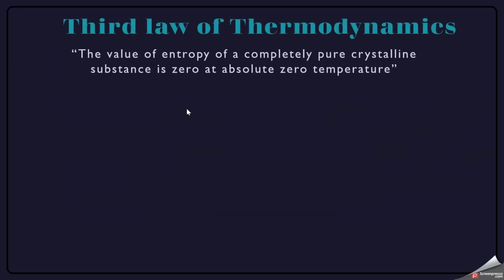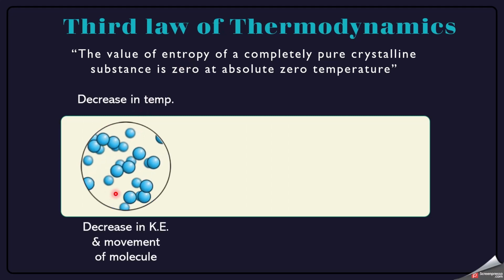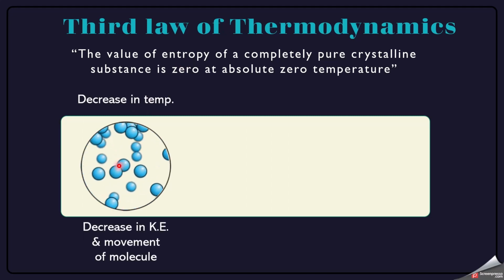Next, third law of thermodynamics. The value of entropy of a completely pure crystalline substance is 0 at absolute zero temperature. Before that, we see about entropy. Entropy is a measure of randomness of the molecules. Let us consider a system containing randomly moving molecules.